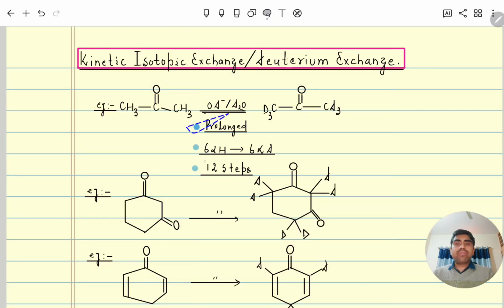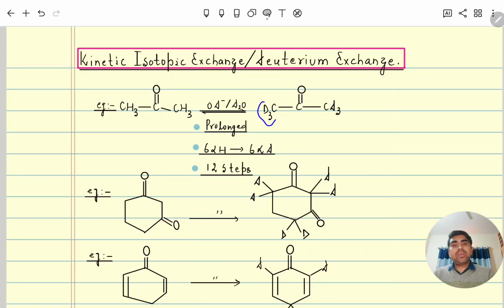And if we keep it for a prolonged time, then all alpha hydrogens, and if alpha hydrogen is not there, then through S-base tautomerism, all hydrogen will be replaced by deuterium, because the carbon-deuterium bond is more stable than the carbon-hydrogen bond. So since it is more stable, bond energy will be released. So this compound is relatively more stable, hence it is favorable for deuterium exchange. Here all hydrogen will be exchanged by deuterium.